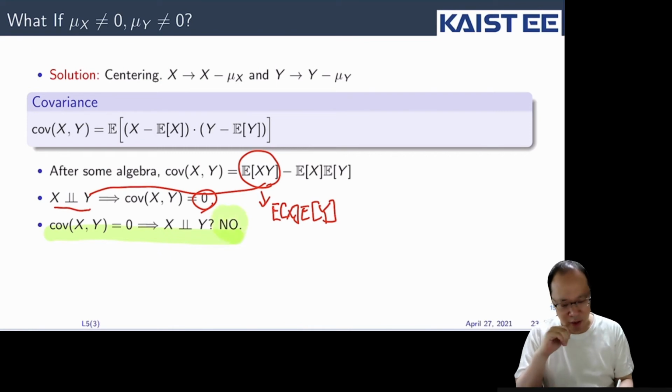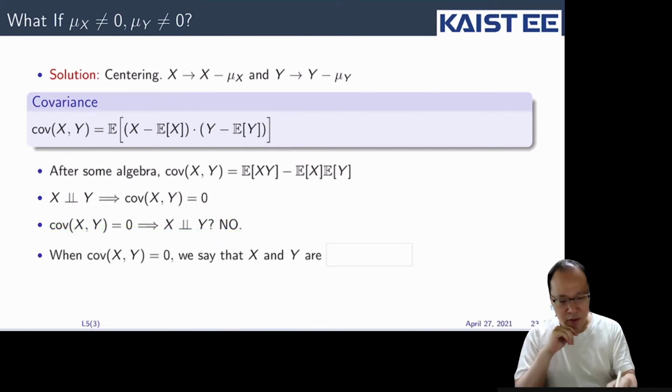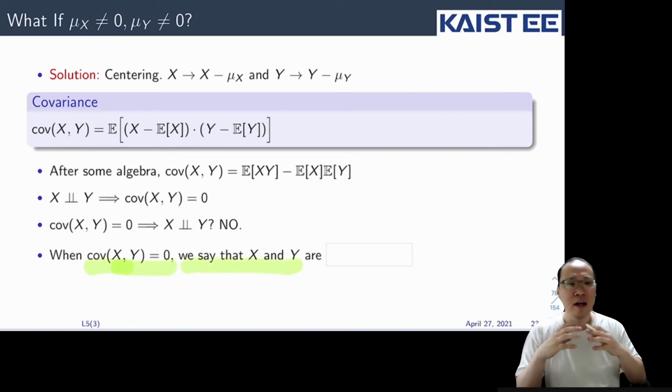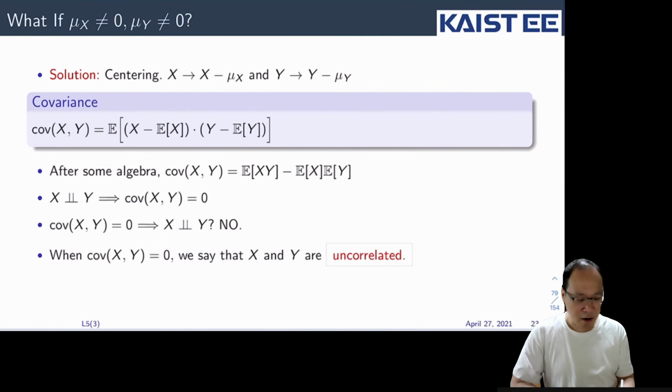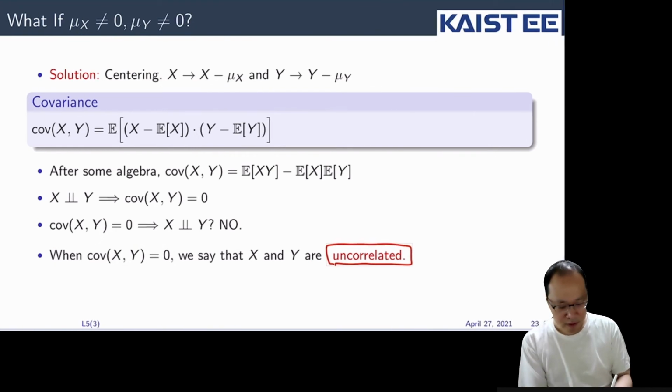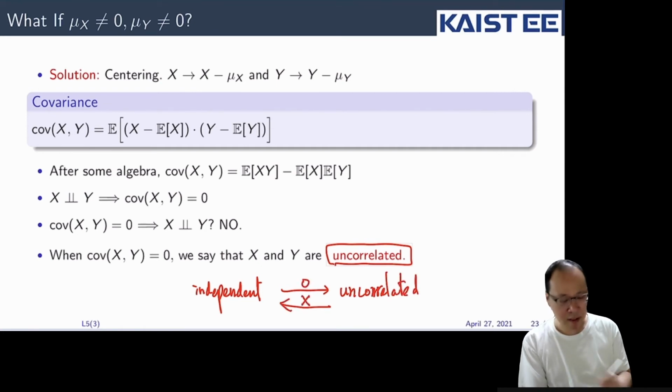The answer is no. When the covariance of xy is 0, we have a different terminology, because it does not directly imply independence: we call them uncorrelated. So again, independence implies uncorrelated, but uncorrelated does not imply independence.